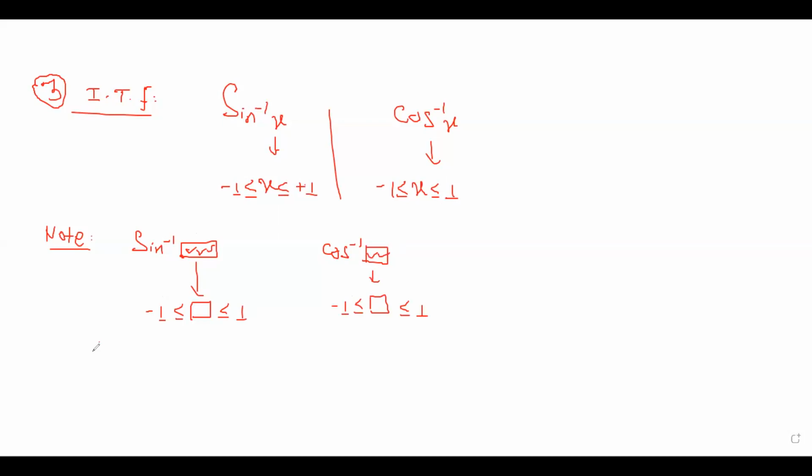For example, if you take sine inverse of x minus 3, a simple example, then you cannot say that x will lie between minus 1 to 1.